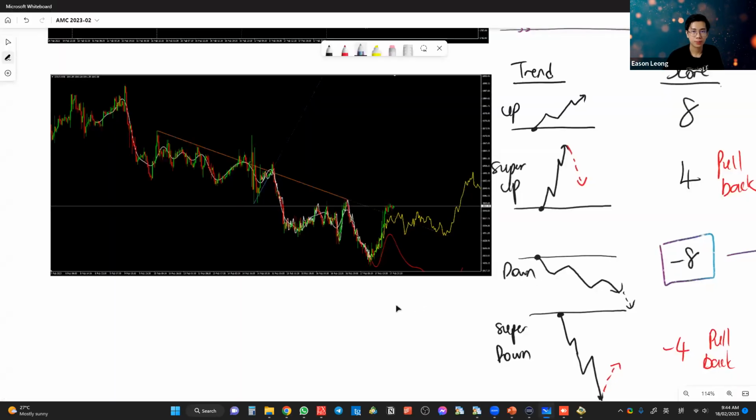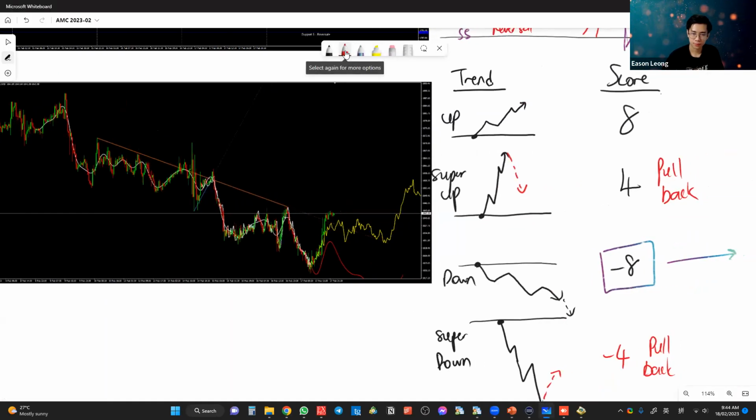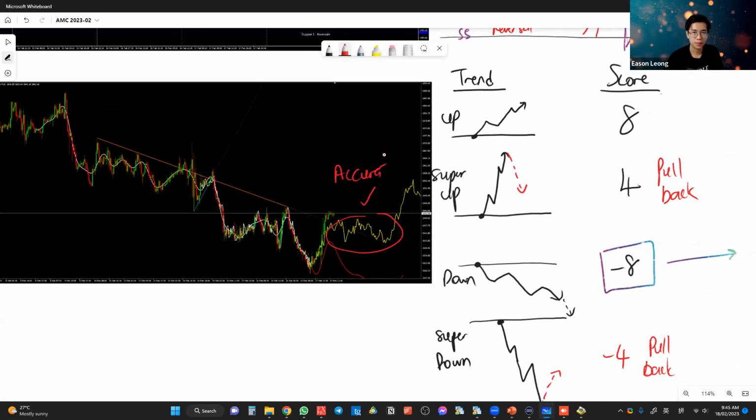Yellow, right? So indeed, accurate. So we only take the one that is accurate. Now, based on the prediction over here, meaning based on the prediction of the AI, the market trend is going to be a downtrend.